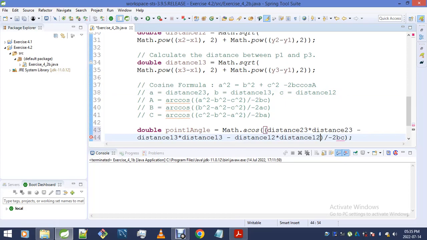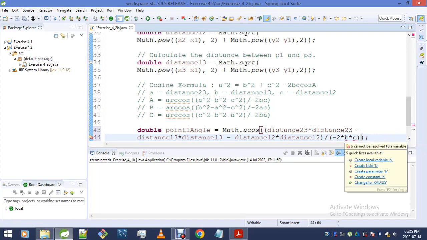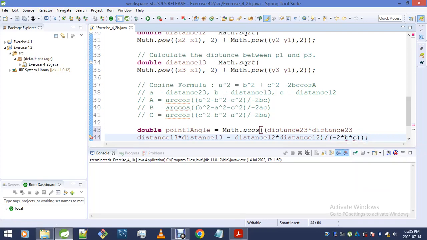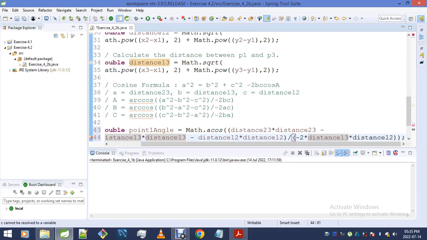Okay, so if I want to square those, I'll have to multiply those. Again, it's better I put things within brackets. I said distance b is the distance between point number 1 and point number 3. I also said the distance c is the distance between point number 1 and point number 2.